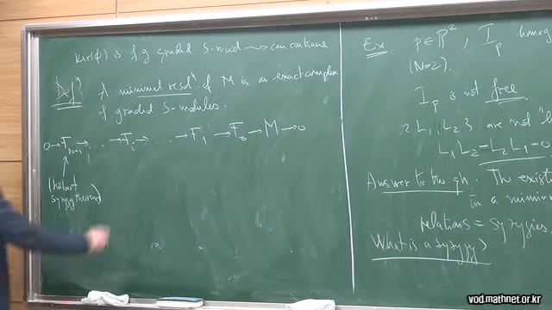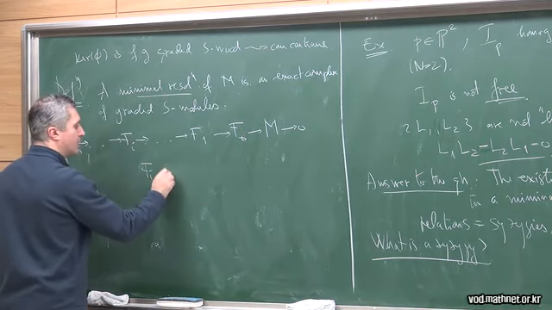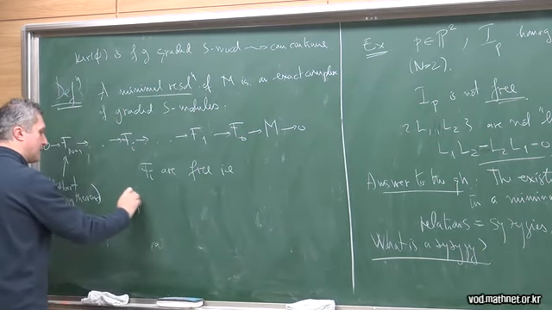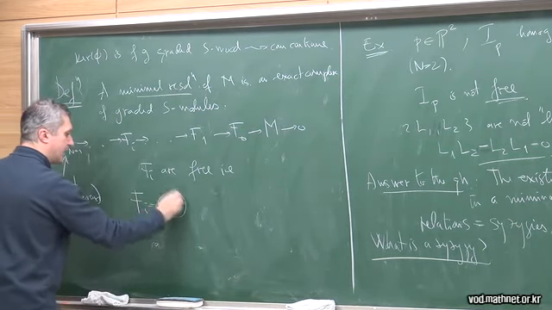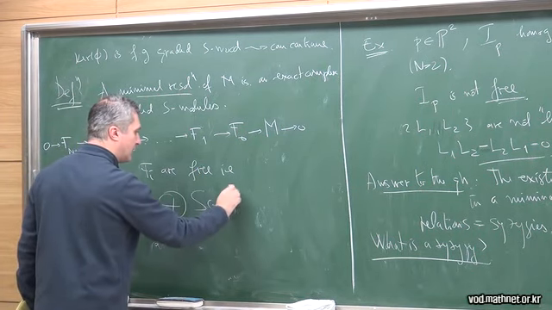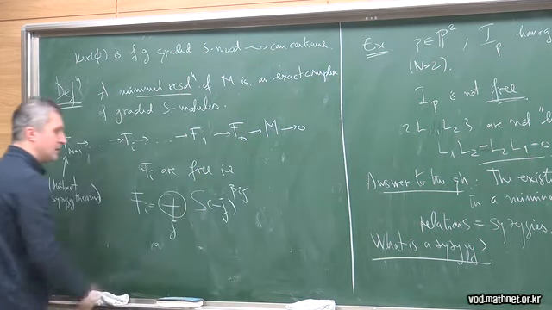Where these Fi's are free, which means that we can write Fi as the direct sum of S(-j) to the beta_ij over j.